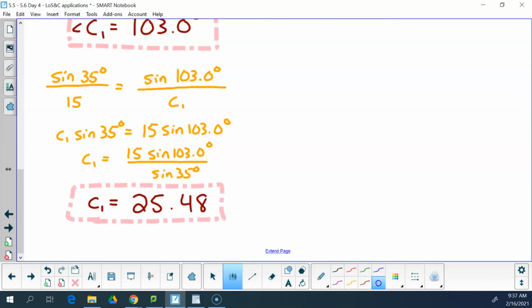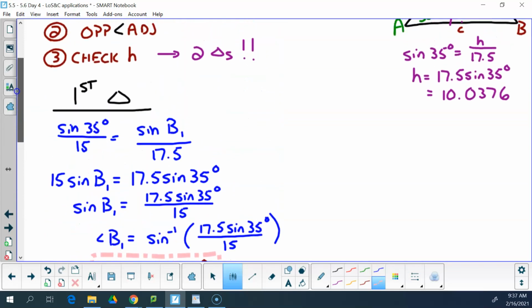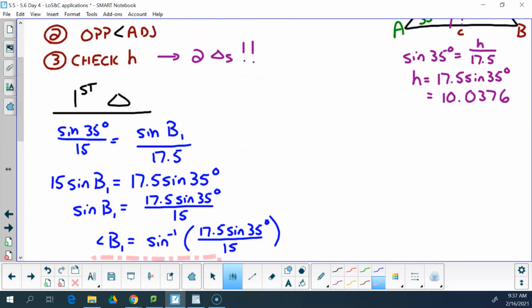Depending upon your rounding, you might be a little off on that. Okay, I left mine as exact all the way through. Good so far? So that's triangle numero uno. Then we have to go back now and we have to do triangle number 2.